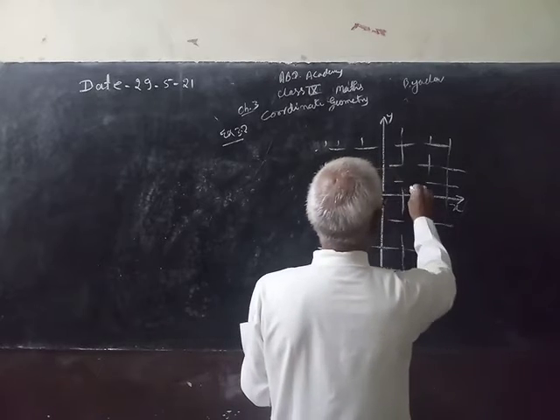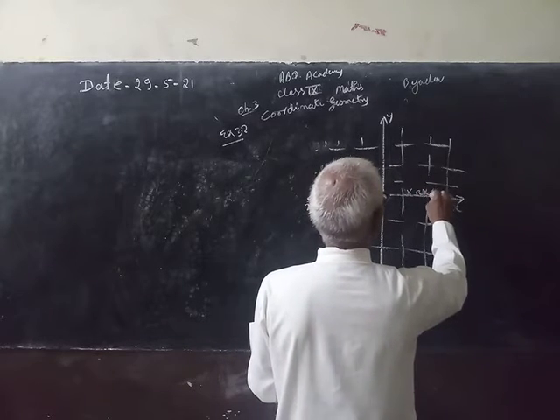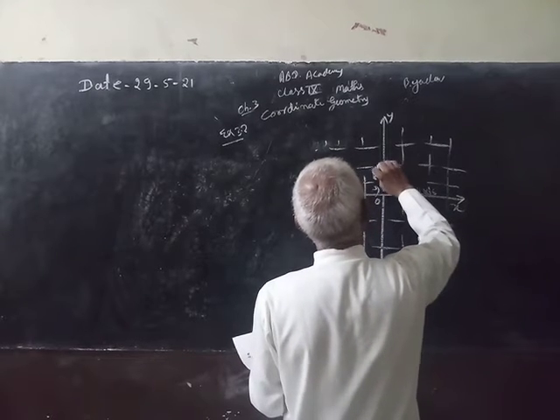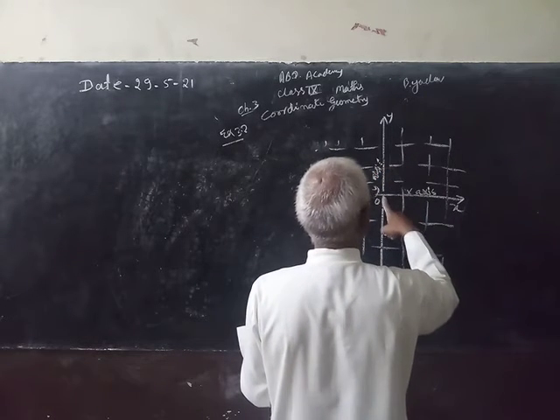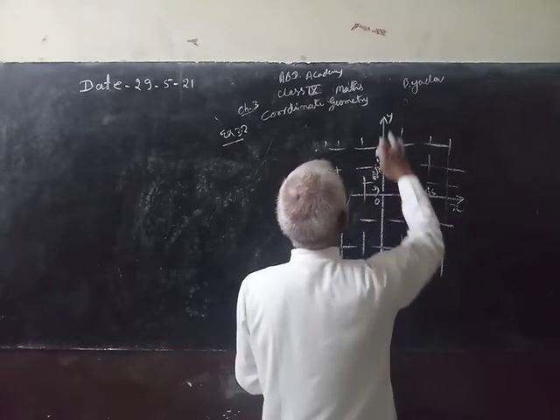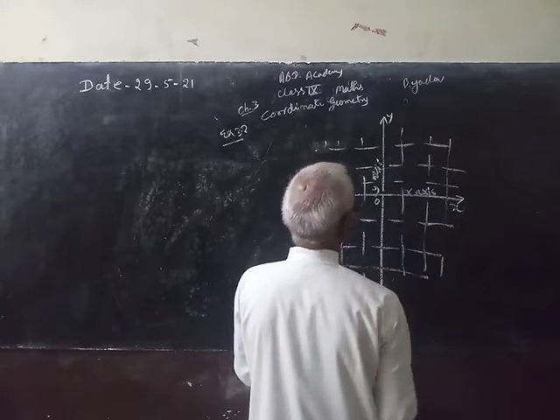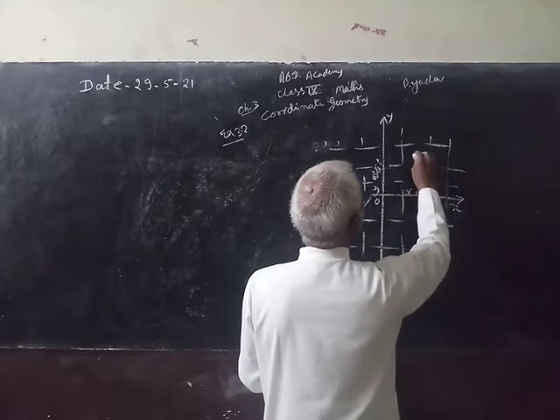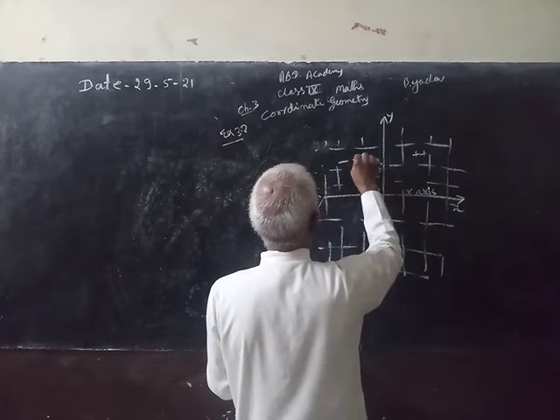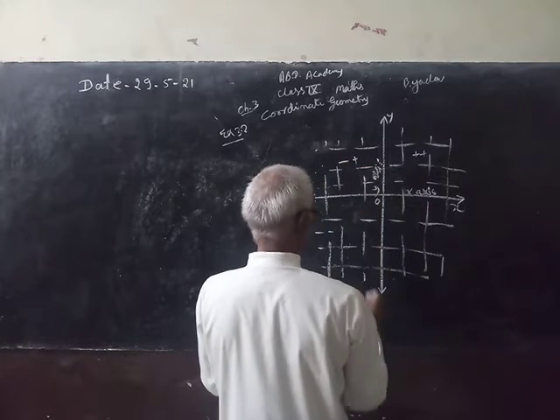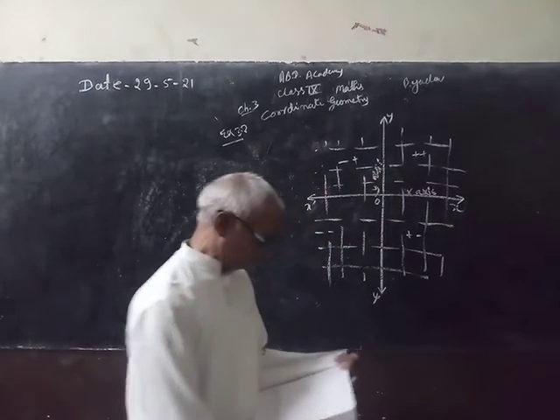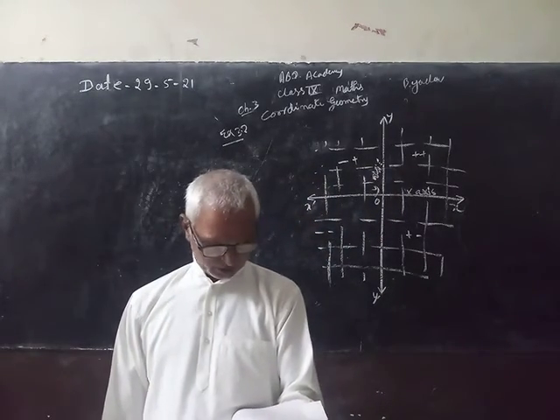It is called the x-axis, and Y-O-Y dash is called the y-axis. OX is positive, OX dash is negative, OY is positive and OY dash is negative. So here all positive points are here, plus plus, here minus and plus, here minus minus, and here plus minus. This way it is the Cartesian plane, students.